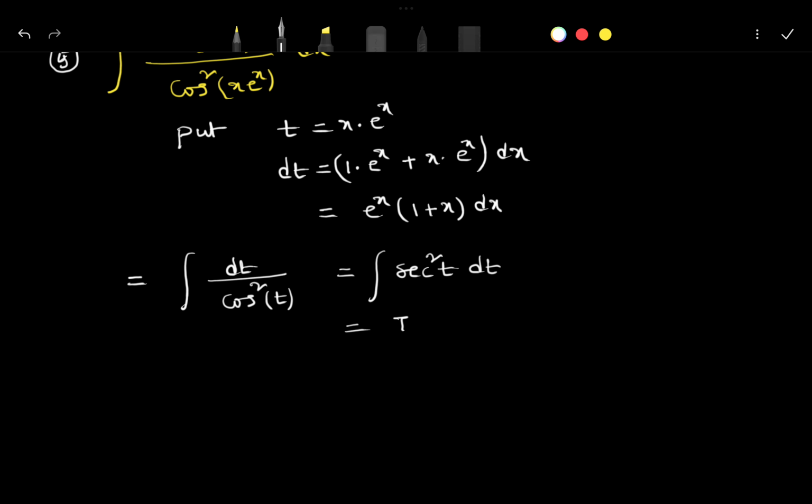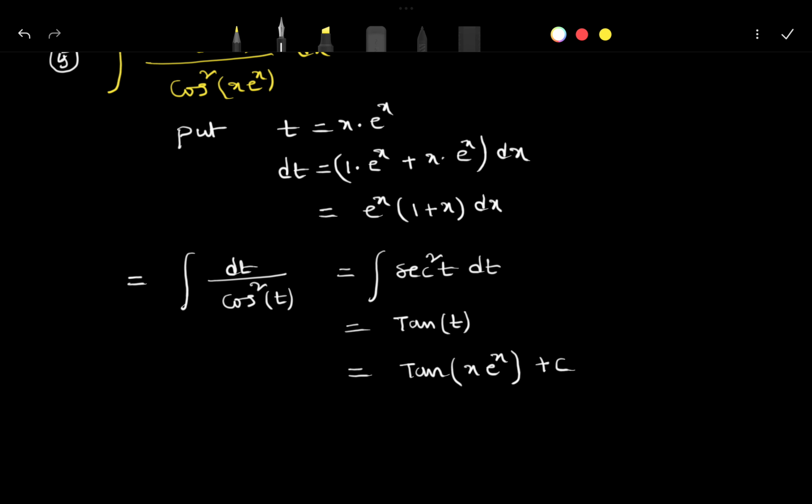So this answer will be tan of t. But actually the question is given in variable x, so you should replace the t value: tan of x into e to the power of x plus c. I hope everyone is clear. It is a very important question for all aspects.